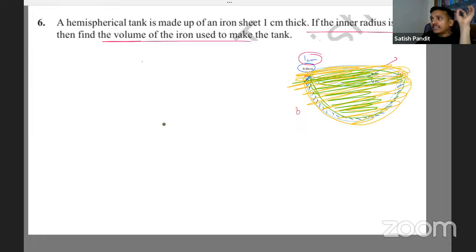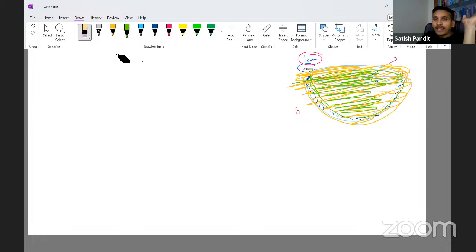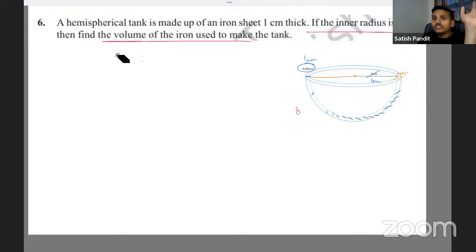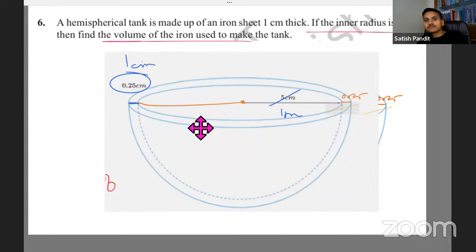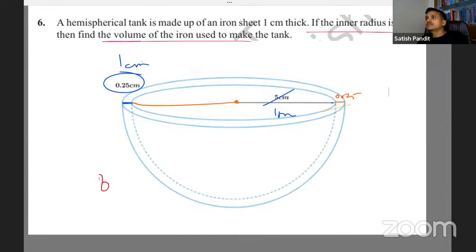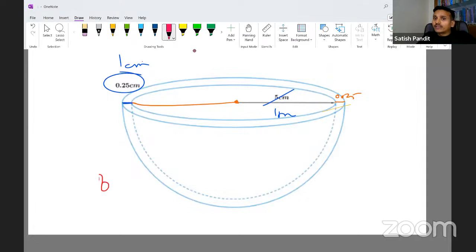If you find the volume of the hemisphere with the outer radius, what will be the outer radius? Can you all put in the chat box, what will be the outer radius? See, inner radius is 1.